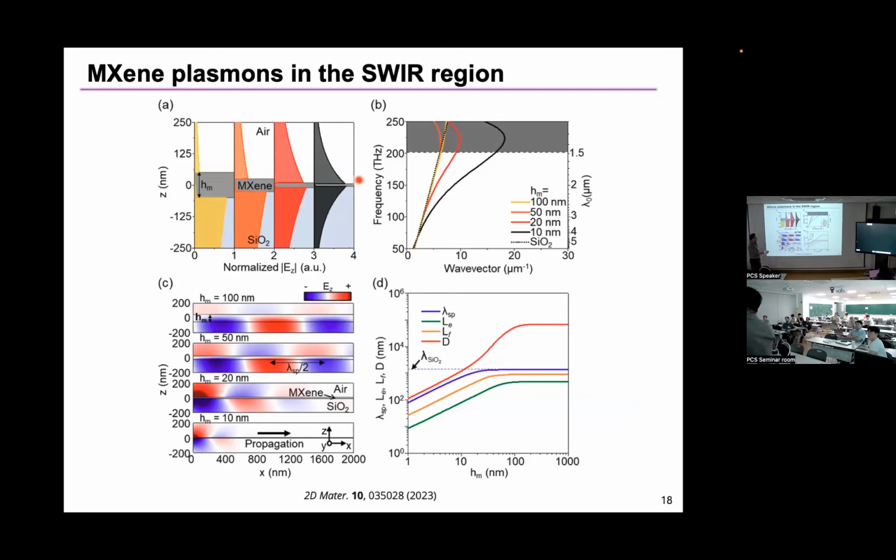So as you reduce the thickness of the MXene structure, like a 2D material structure of MXene, we can get a very large surface plasmon confinement. We clearly see the wavelength is critically reduced as the thickness of the MXene is reduced.